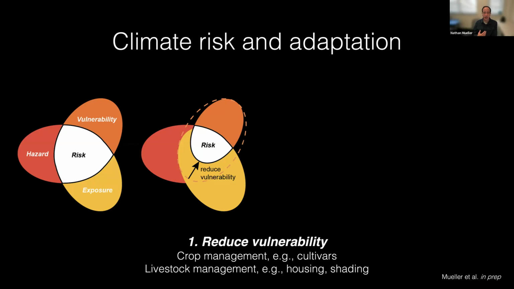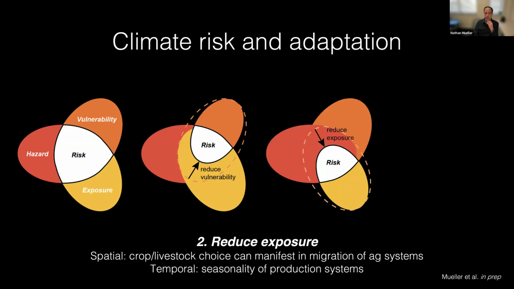A lot of the time when we think about adaptation actions, we are thinking about actions that reduce vulnerability. So on the crop side, things like shifting cultivars to something more heat or drought tolerant, or livestock management, using housing or shading, where the hazard might still exist and you're still exposed to it, but maybe now you are less sensitive to that.